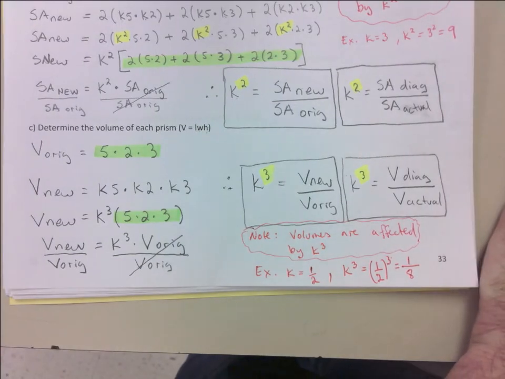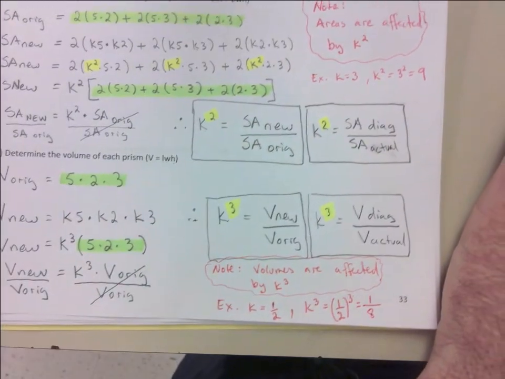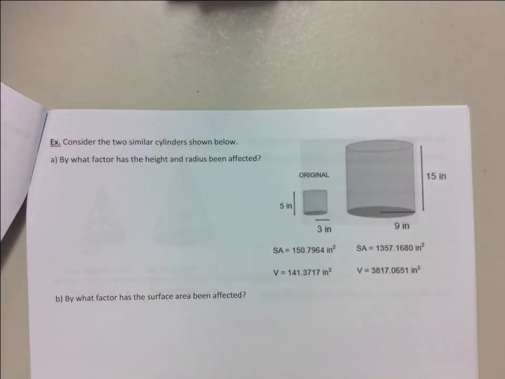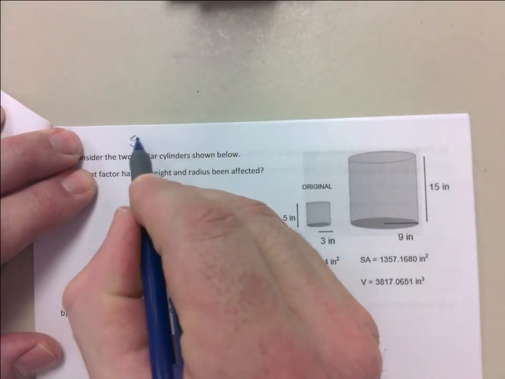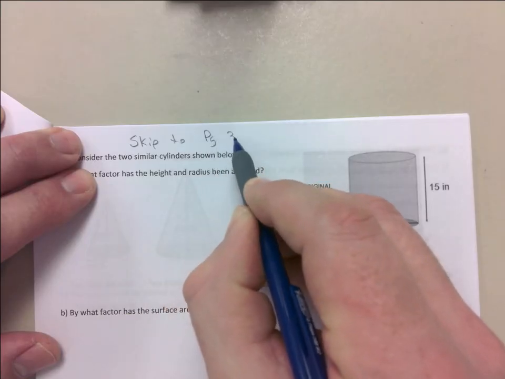We're going to skip a couple pages. Let's go to the top of 34, because you might wonder if you flip through it, what happened. We're going to say skip to 36. So for now, skip to page 36.